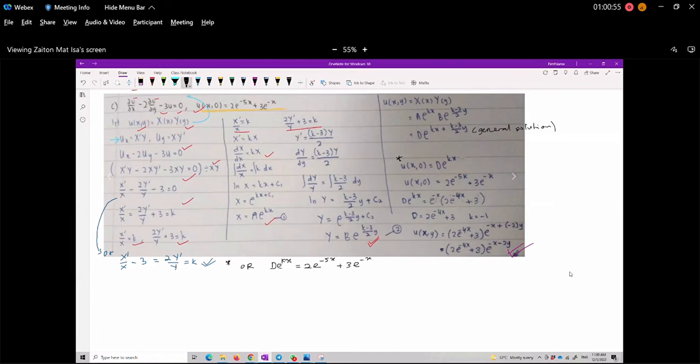The other approach that you can do is for the case where we have one term on the left hand side, but then we have two terms on the right hand side.